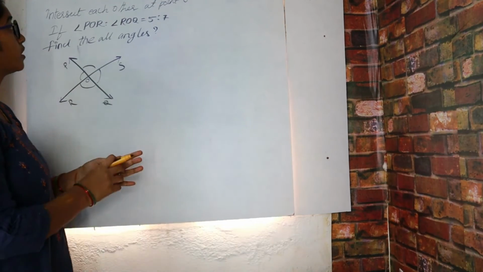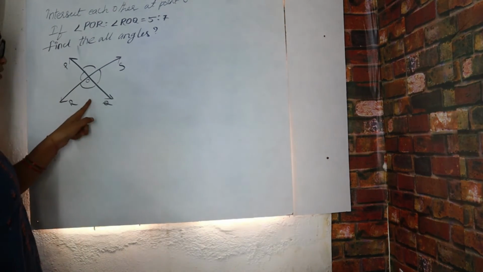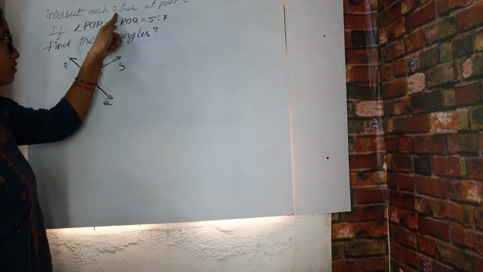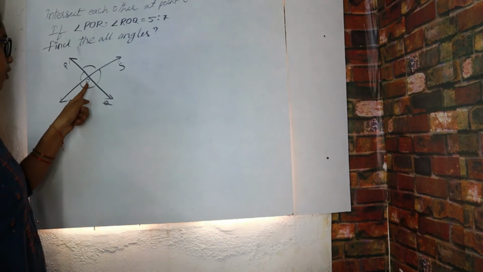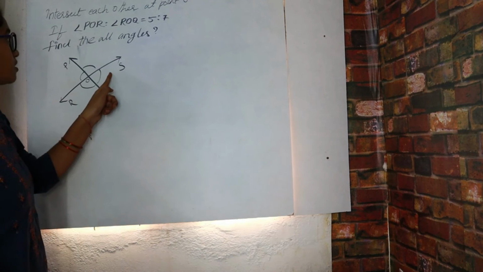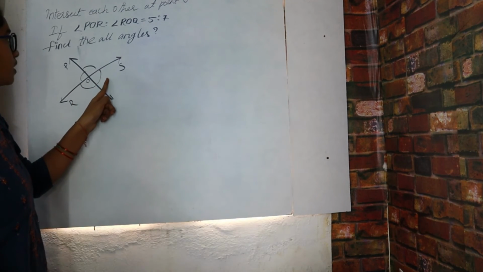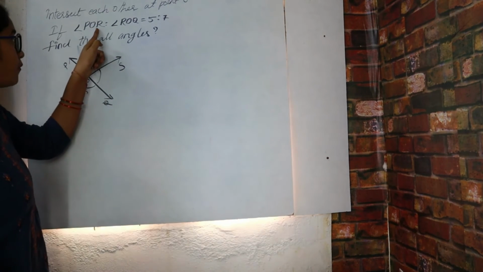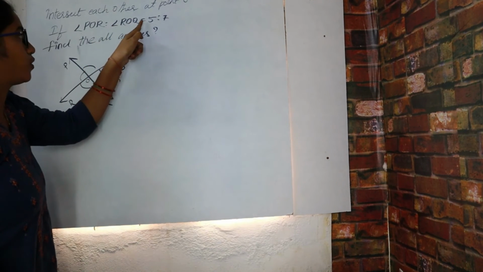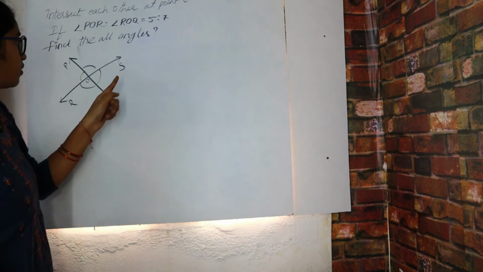Okay, so the question is, in the figure the lines PQ and RS intersect each other at a point O. Angle POR to angle ROQ is 5:7.